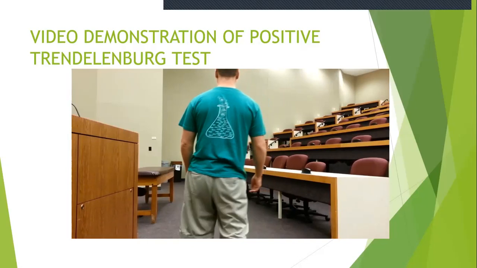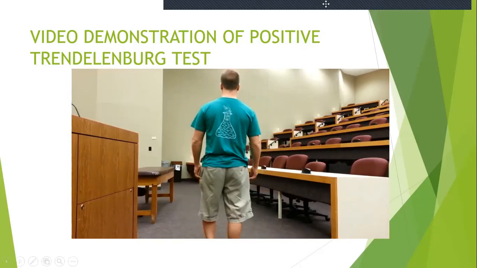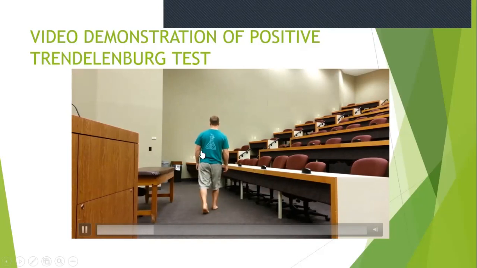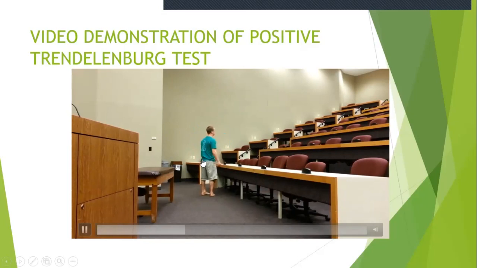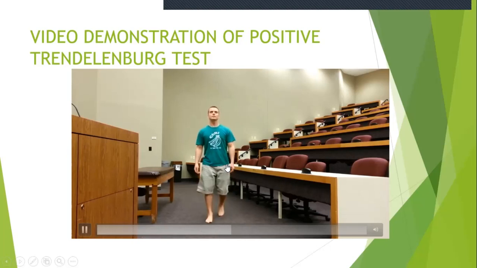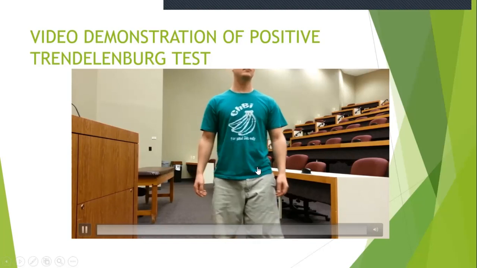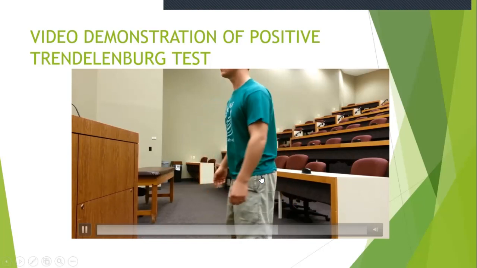Maybe one more. You can see this side is sagging. So the hip abductors of this side are paralyzed. You can see this side is sagging. So the hip abductors of this side, the left, are paralyzed.